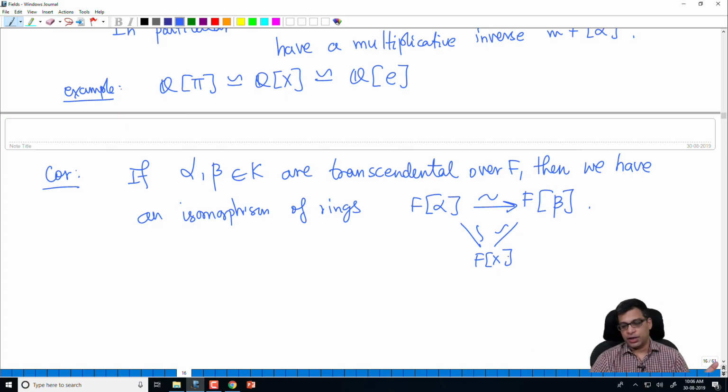So they are mutually isomorphic. If alpha and beta are transcendental, algebraically there is no difference. That is the conclusion. Algebraically there is no difference.